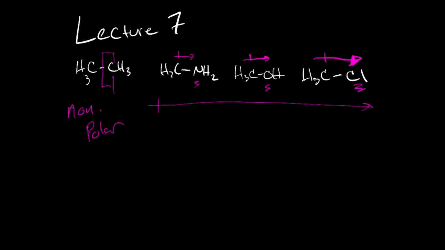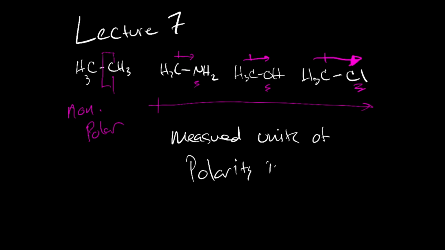And these can actually be measured, so you can measure the polarity, and the actual measured unit of polarity is the debye. That's spelled D-E-B-Y-E, and the unit is just D. And so the molecular dipole moments of molecules can be put on a scale.